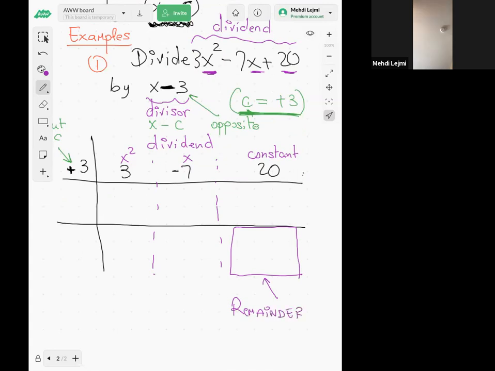And here, we're going to have our quotient. But this quotient is always 1 degree less than the dividend.